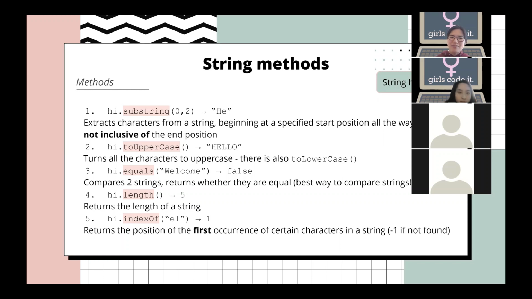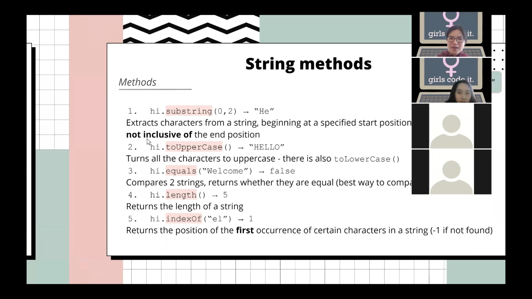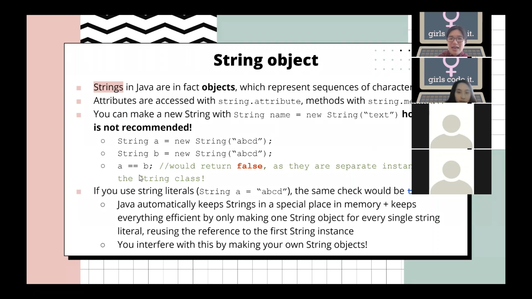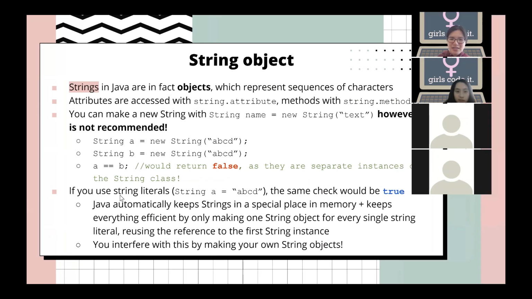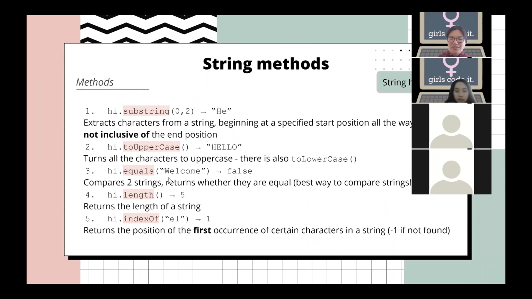So if we go back here, if instead of using A equals B, we use A dot equals B, it'll return the correct thing, that these two strings are technically equal, they have the same letters. So it's good practice to use dot equals instead of equals equals for any sort of objects that you have.